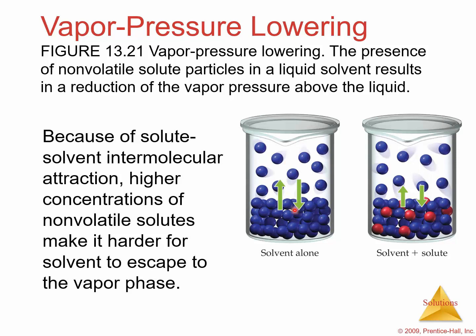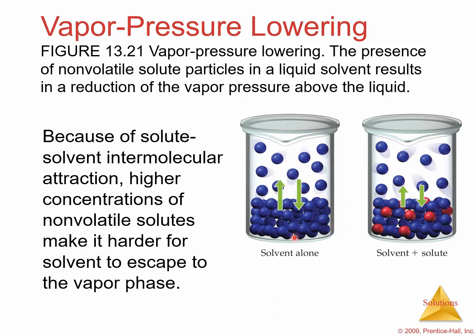Now we are to compare the vapor pressures of various solvents with those of their solutions. We find that adding a non-volatile solute to a solvent always lowers the vapor pressure. As you can see in this figure, the vapor pressure over a solution formed by a volatile solvent and a non-volatile solute is lower than that of the solvent alone. The extent of the decrease depends on the concentration of the solute.